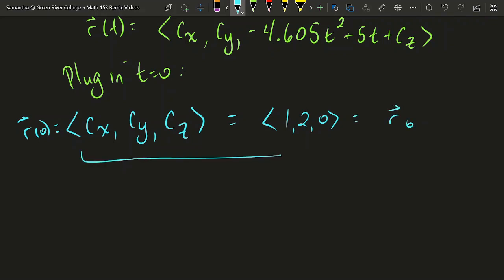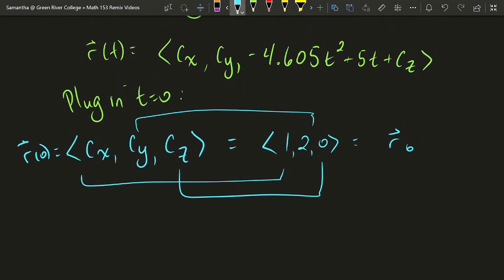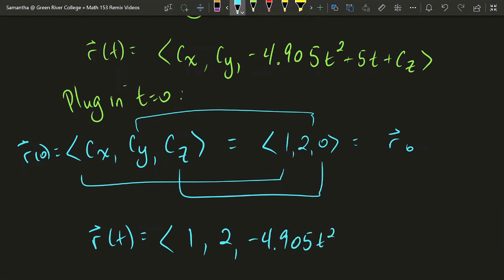So matching the x's, matching the y's, and matching the z's, and then filling those values into my r of t, I get cx 1, cy 2, and then negative 4.905 t squared plus 5t plus 0. Excuse me, this should have been the 9.81 the whole time. Whoops.